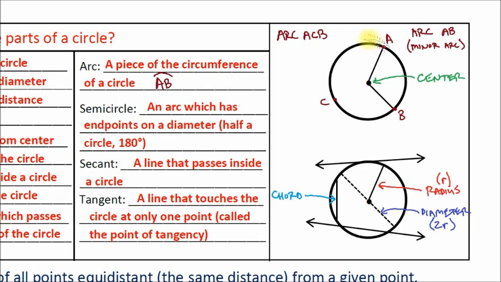You start with A, you find C next, and then you find B. So arc ACB is actually this big portion of the circumference, and that's called a major arc. It's a major arc because it represents more than half of the circumference of the circle. So there is major arc ACB, and this is minor arc AB. So an arc is just a piece of the circumference.